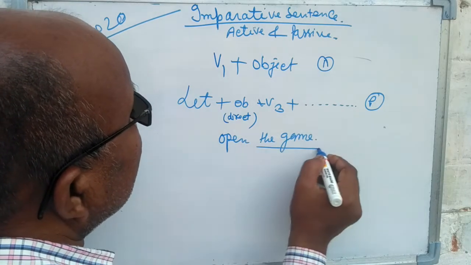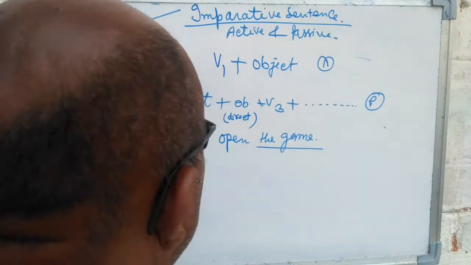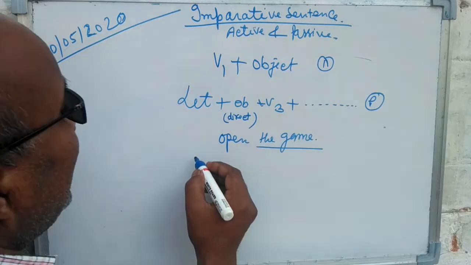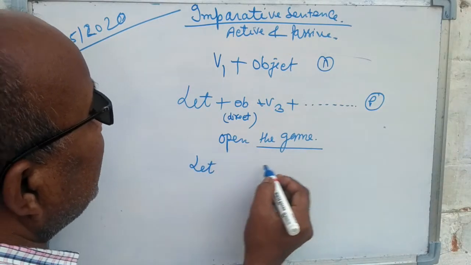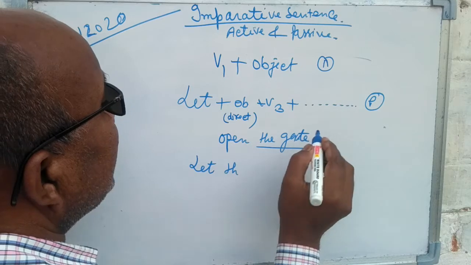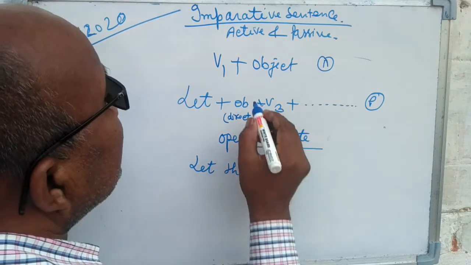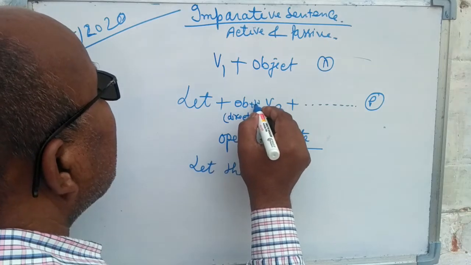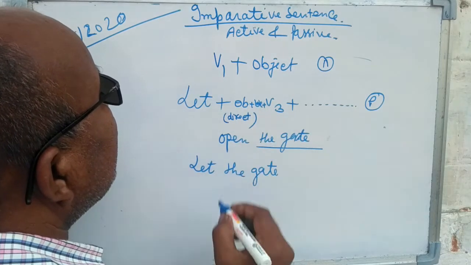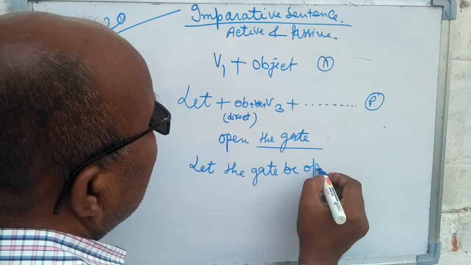This is a direct object. How will you change it from active to passive? Let the gate be opened.